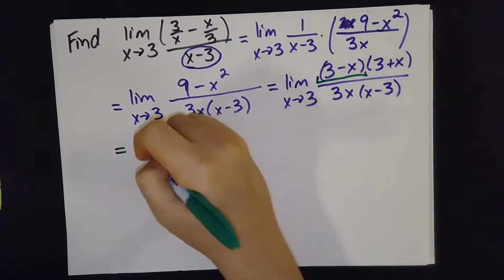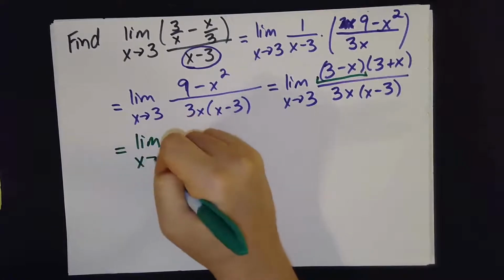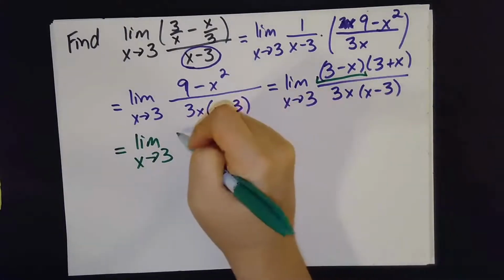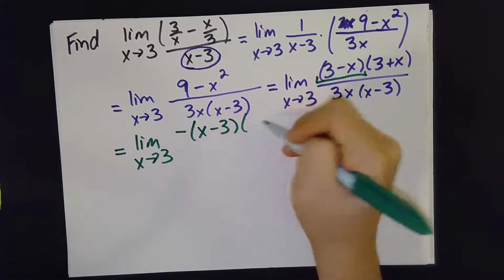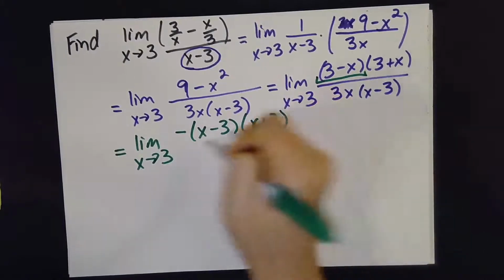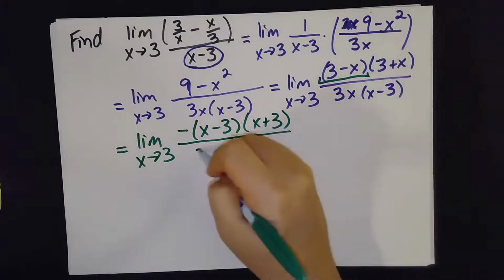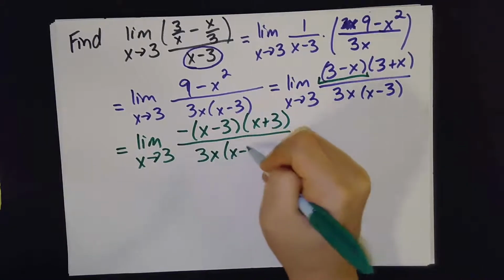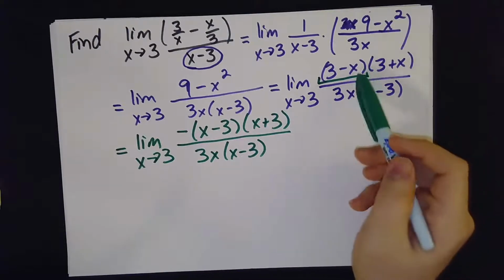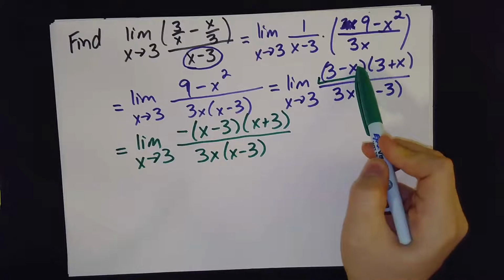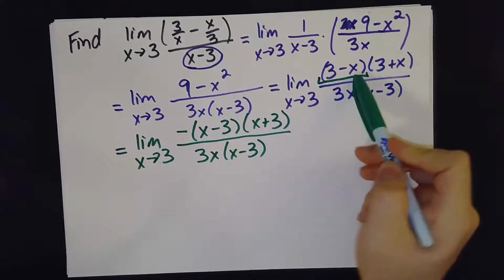So on the next line, this becomes the limit as x goes to 3 of minus x minus 3 times x plus 3 divided by 3x times x minus 3. And all I did here was to pull a minus out of both of these terms.